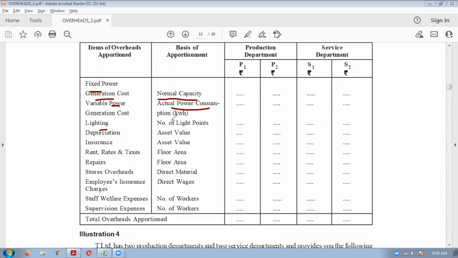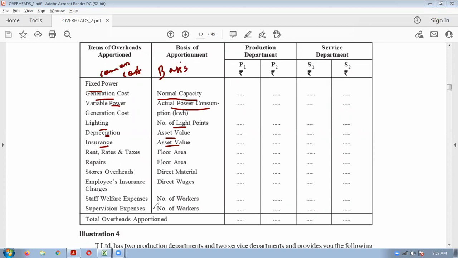Okay, like lighting, number of light points; depreciation on asset value; insurance on asset value. So these are the common cost overheads, and these are the bases for apportioning the cost.